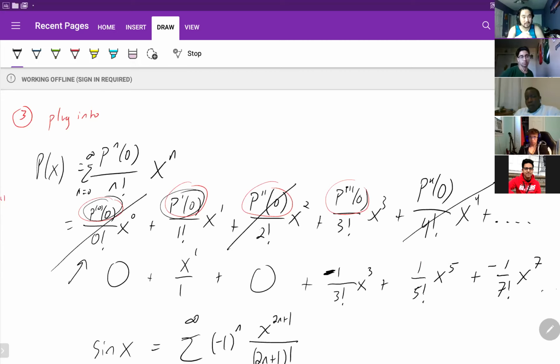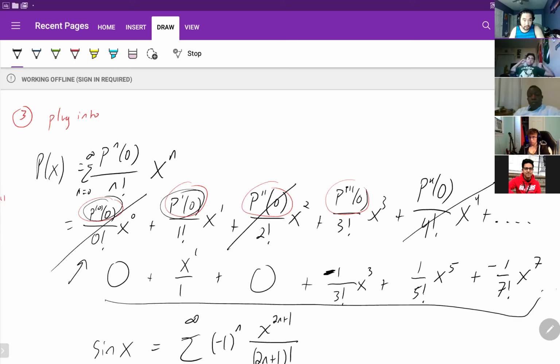No, you should definitely string it out to the first 5 or so terms, meaning you're going to need the first 5 derivatives of your function. Plug it in and see what's going on. Try to pick up on the pattern. For this one, we had to go all the way up to the 7th degree. If that's you, that's fine. Just go out as many terms as you need until you start to see the pattern.